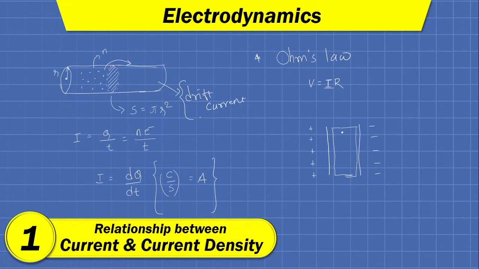The electrons inside this dielectric material will be attracted towards the positive plate, and in the same way the positively charged nucleus will be attracted towards the negative plate. So this momentary current that developed inside the dielectric material is called the displacement current.